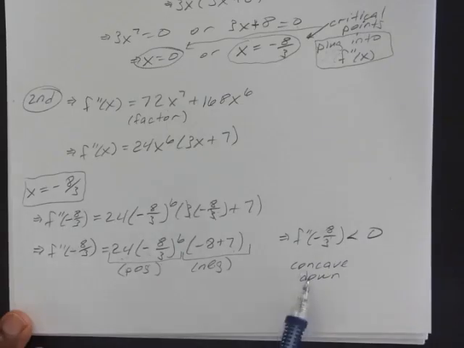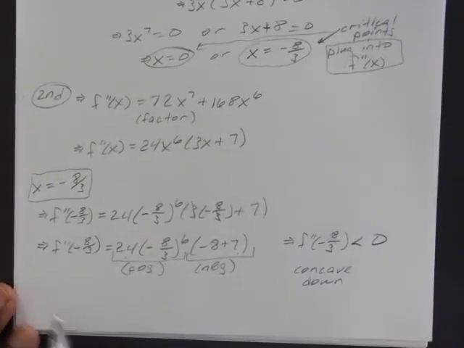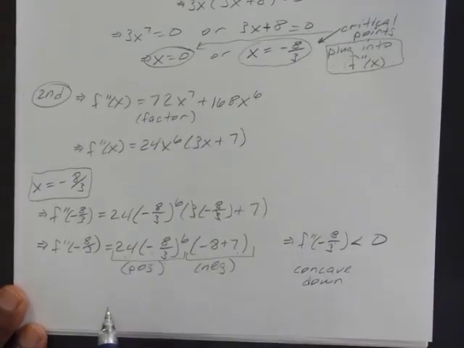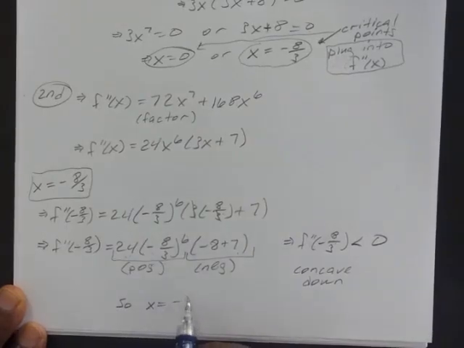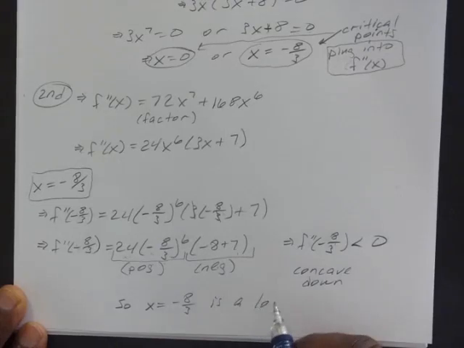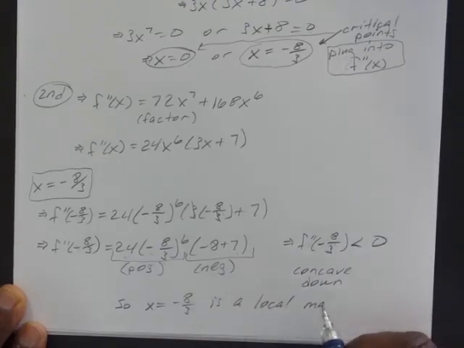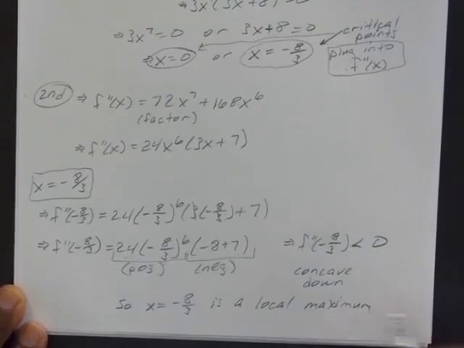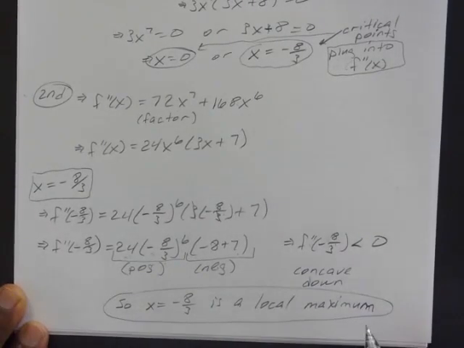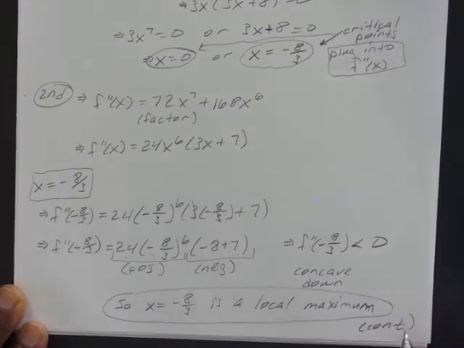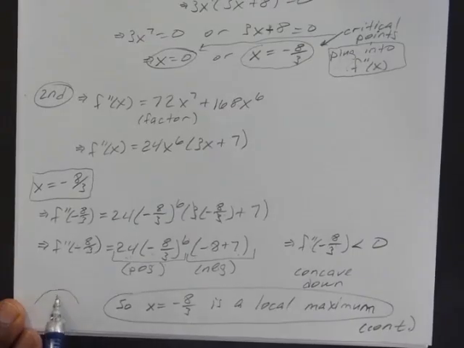And when it's concave down, x equals -8/3 is a local maximum. And we'll continue on the next page. And remember, when it's concave down, that point is your maximum.